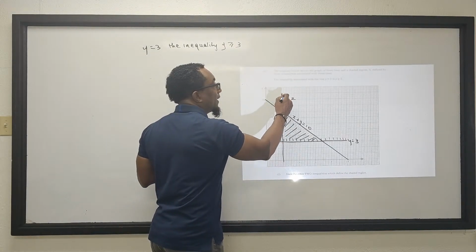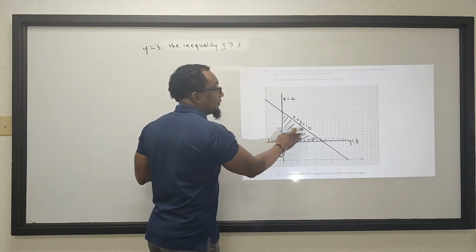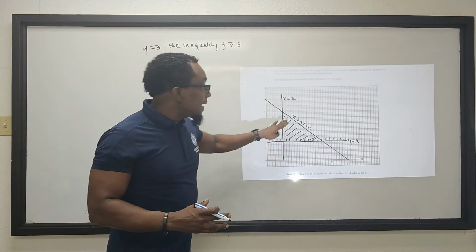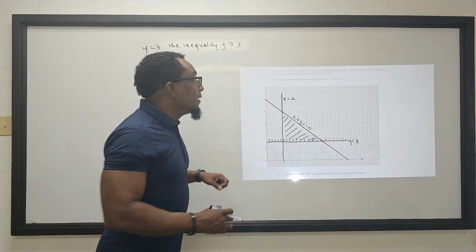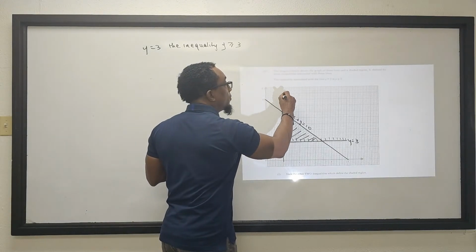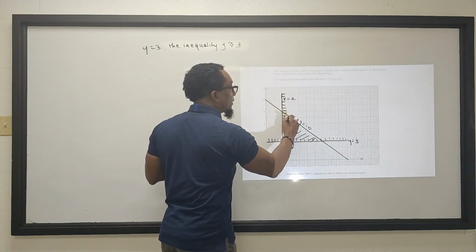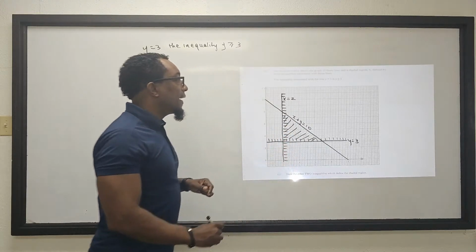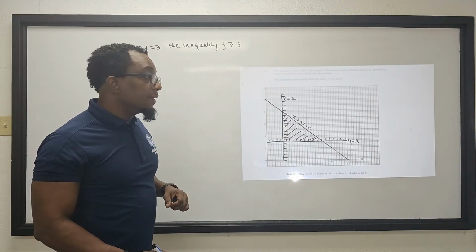We have the line here, x equal to 2, and in order for me to show where all 3 inequalities are satisfied in this region, for the line x equal to 2, I must shade to the right of the line x equal to 2, so it will satisfy the region.